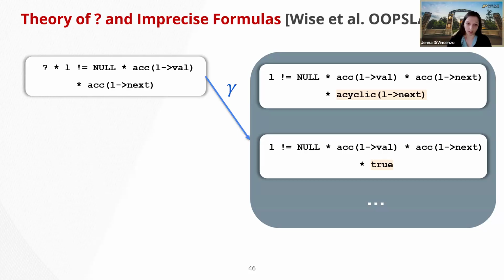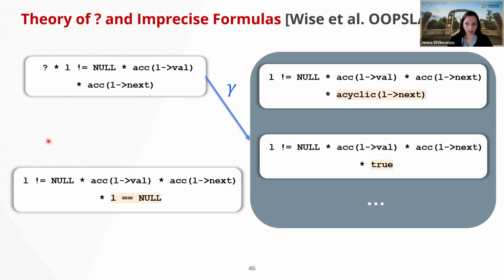Also, I forgot to note, in our theory, which is primarily in this paper, we do give a name to a function that takes an imprecise formula and produces this infinite set. It's called gamma. And really, this infinite set is the semantic meaning of this imprecise formula.